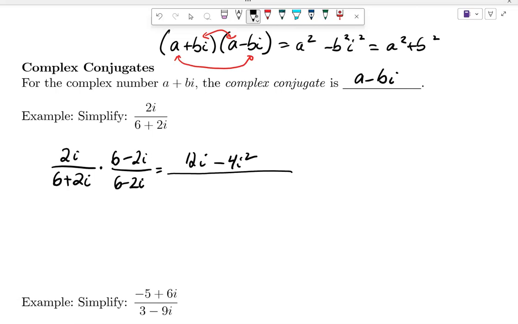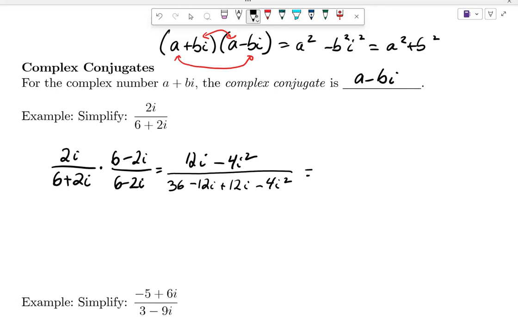And if you multiply out the bottom, you get 36 minus 12i plus 12i minus 4i squared. I just multiplied it out, all the distributions, like you would if you're doing FOIL or just distributing the 2i through. Right? How can we rewrite minus 4i squared?